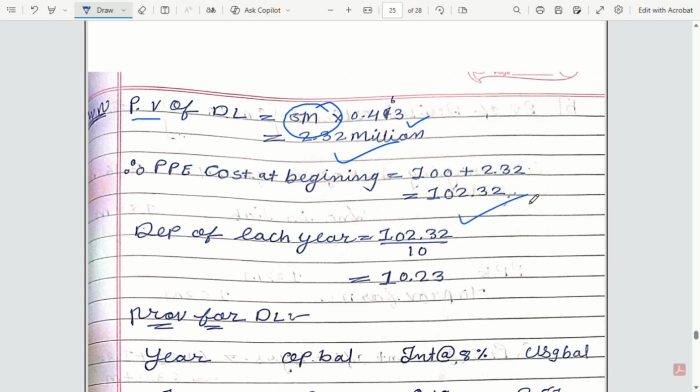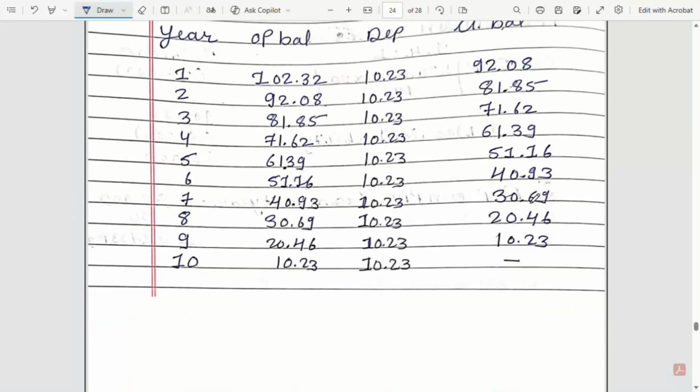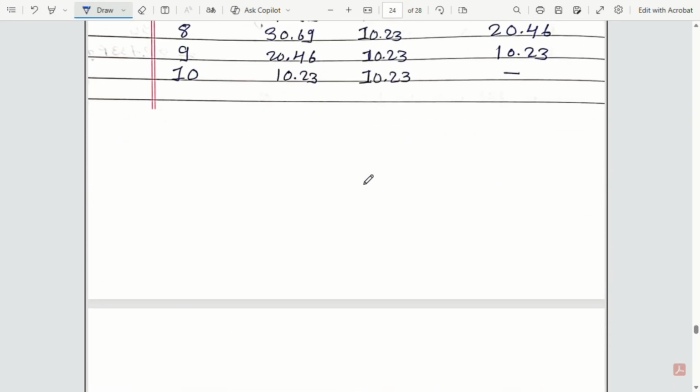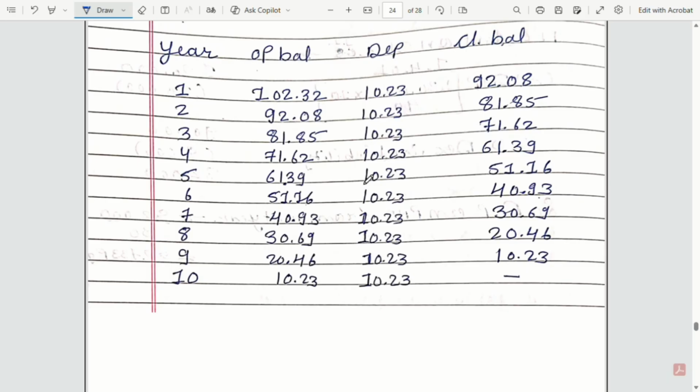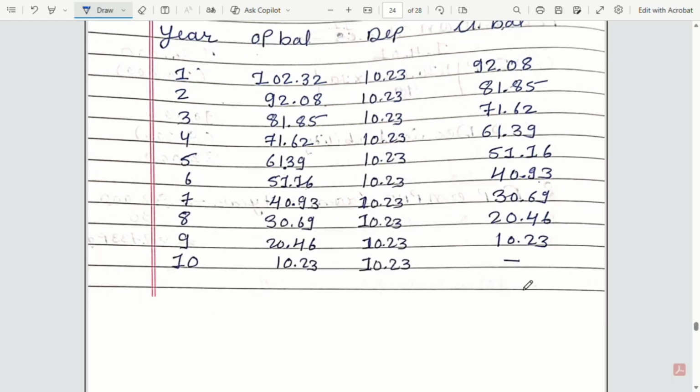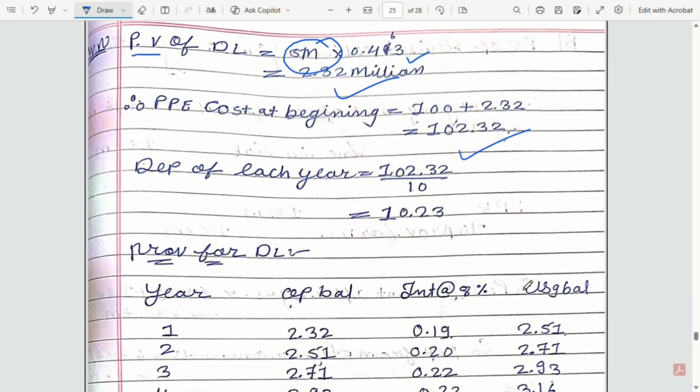So this is the total value of PPE. Then we will take the total value of PPE and calculate depreciation on SLM basis and calculate the closing balance for 10 years, okay.